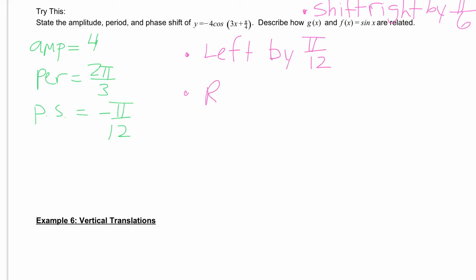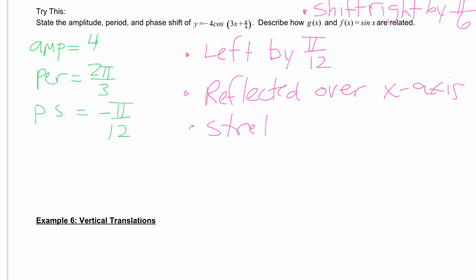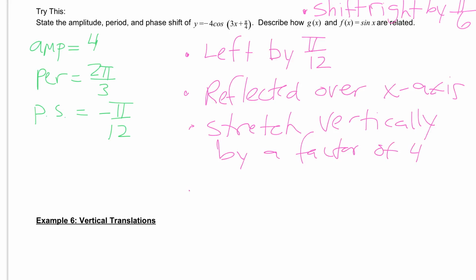It reflected over the x-axis. Stretched vertically by a factor of 4. And finally, it was compressed horizontally by a factor of 3.